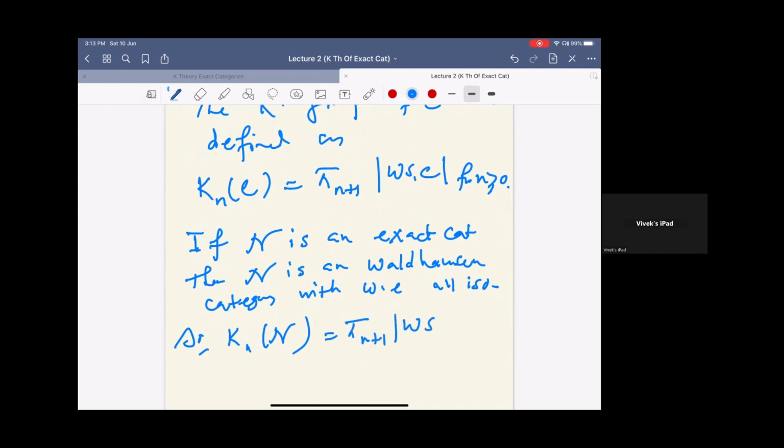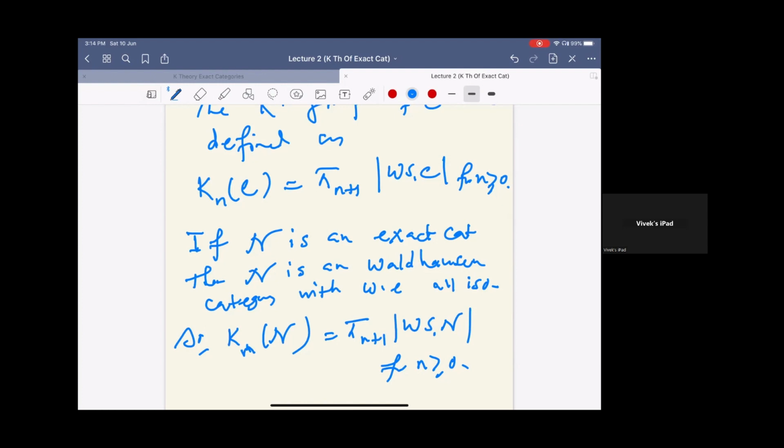So how K theory of an exact category is defined, again it's in terms of homotopy theory. So this is one of the fundamental problems in K theory: higher K groups are not very easy to calculate, because by definition they are homotopy groups of a certain topological space.